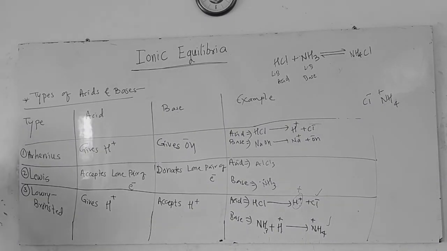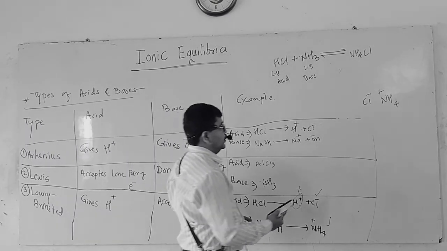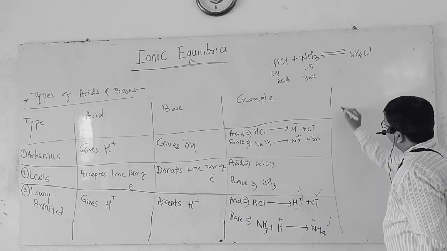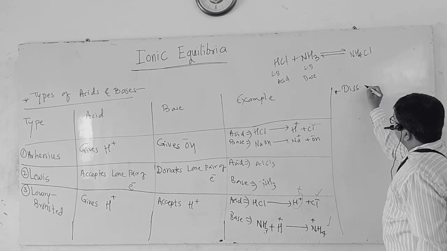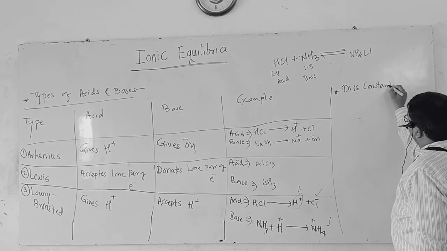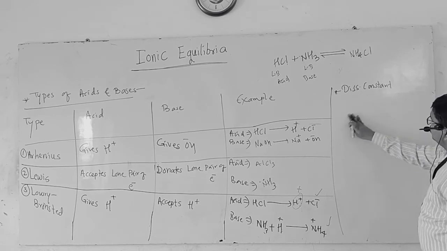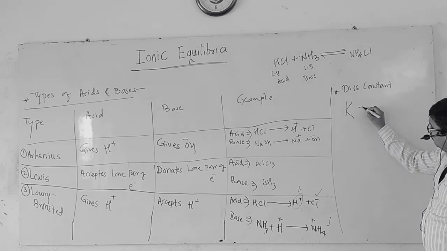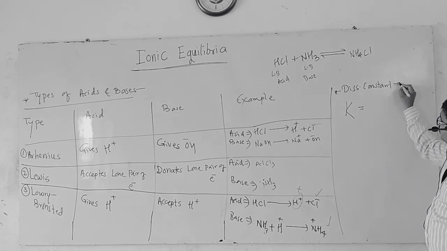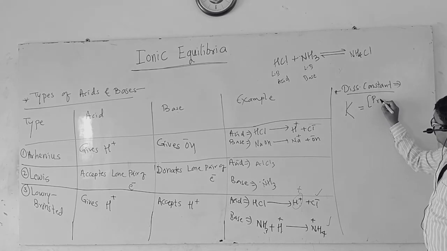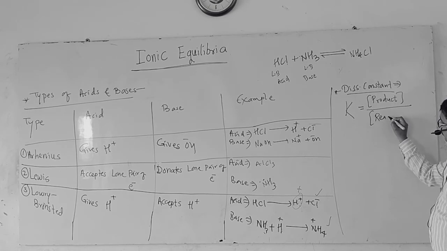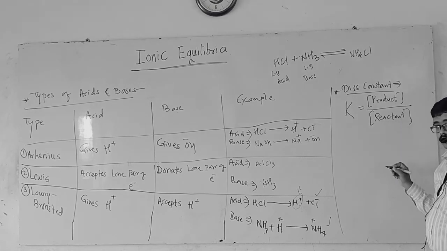Okay. The last point is dissociation constant. I will write here: dissociation constant. Dissociation constant can be represented by the symbol K. It can be calculated by the formula: concentration of product upon concentration of reactant.